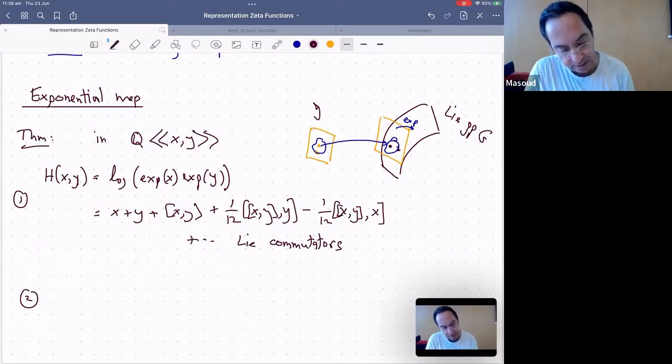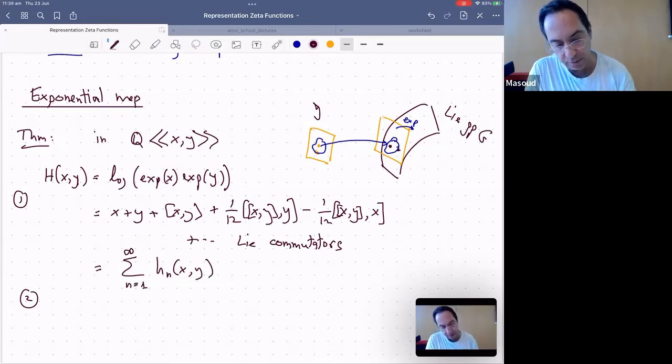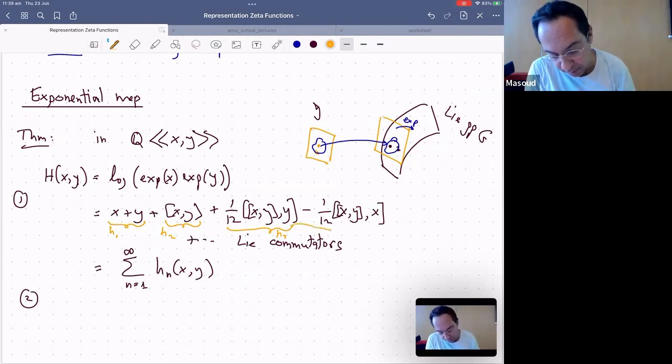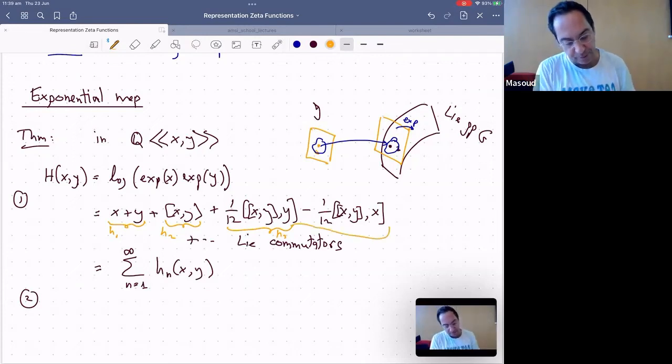If I write this now as a sum of h_n of x, y, with n going from 1 to infinity, counting the degrees, so this one will be h1, this one will be h2. So I'm always getting sums of homogeneous expressions in Lie brackets. That's what we will always see.